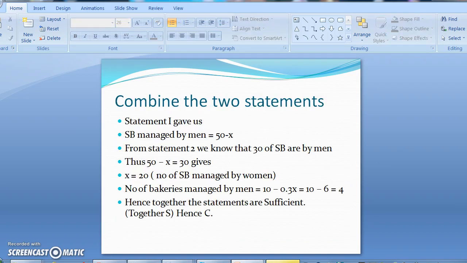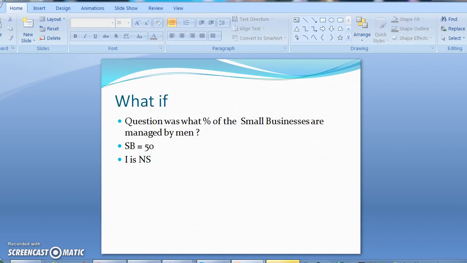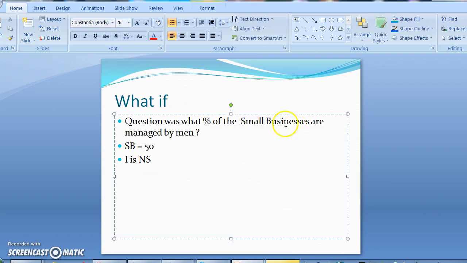So 30 of the small businesses are run by men. Is it enough? If I know that 30 out of these 50 small businesses are run by men, then do I know this percentage? I know it, and hence statement 2 is sufficient to answer. The answer this time becomes B, that is, statement 2 is sufficient and statement 1 is not sufficient.